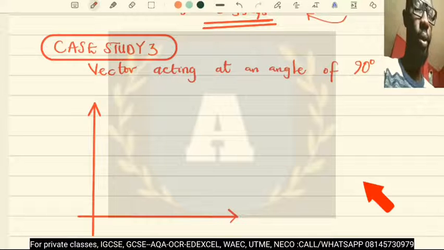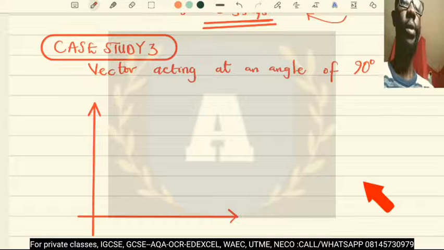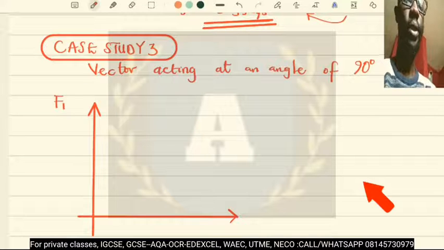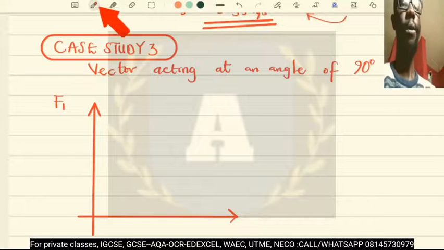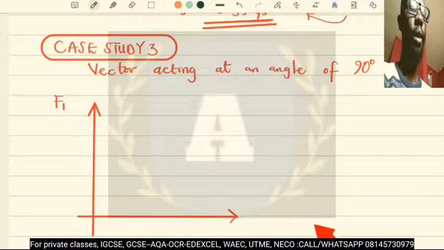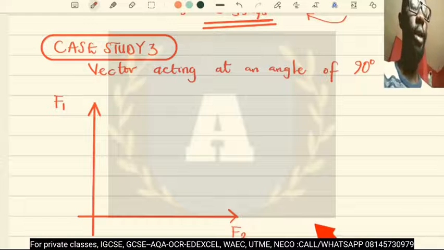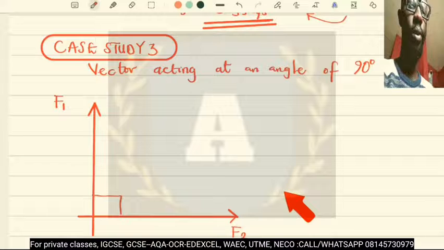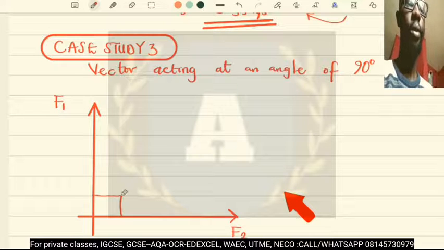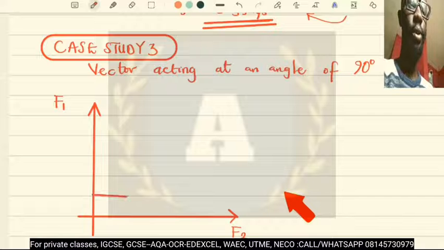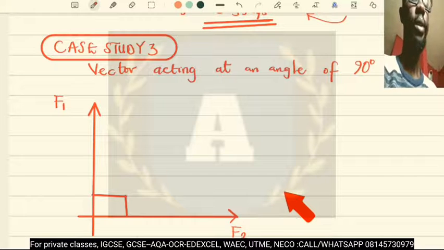So if this is the first vector acting toward this direction, and the second vector acting toward this direction, and this angle here is 90 degrees, the angle between the two forces. Okay, so now we are meant to calculate the resultant.